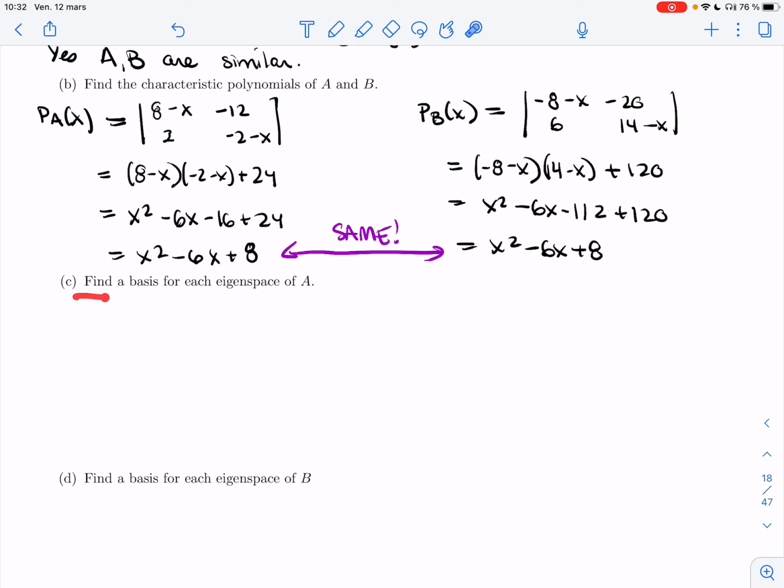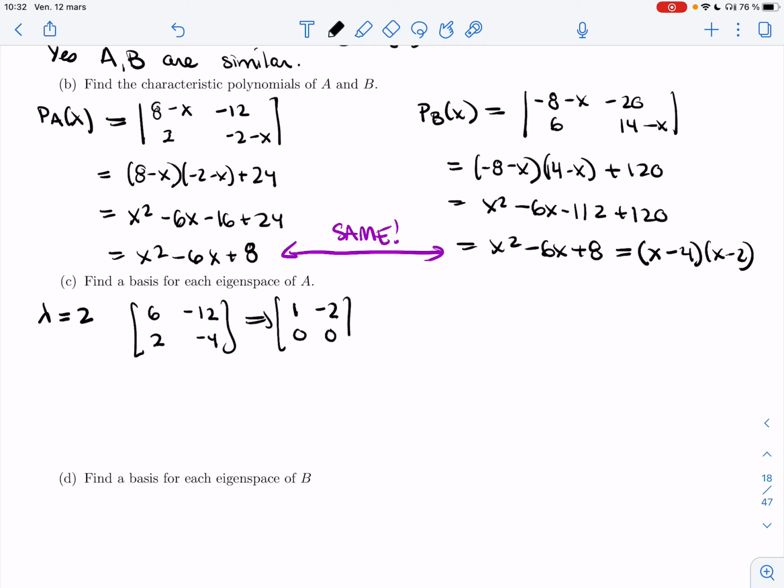Let's find a basis for each eigenspace of A, and we'll find a basis for each eigenspace of B and see what we can find. So for lambda, what are my lambdas? Oh, let's factor this. So x minus 4, x minus 2. So let's do lambda equals 2. My matrix would be 6, -12, 2, -4. That reduces nicely to 1, -2, 0, 0.